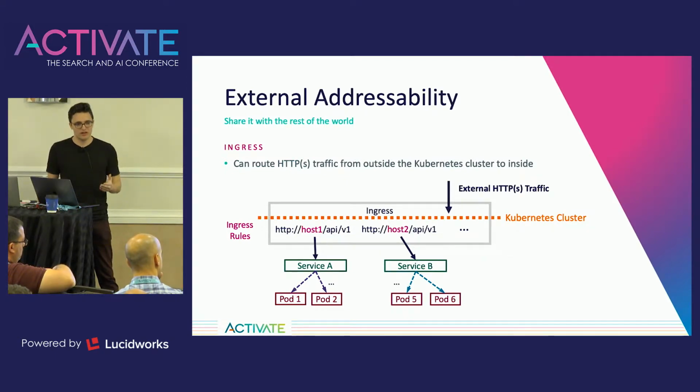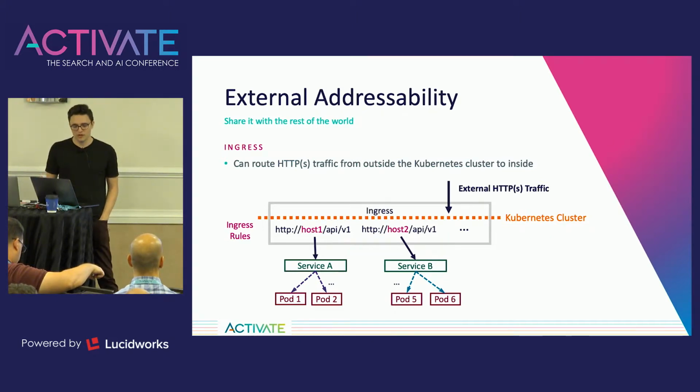And so within ingress, you can add basically HTTP rules. It doesn't work with raw TCP. It only works with HTTP. You give ingress rules such as an HTTP hostname or a path in your HTTP request. And those rules map to individual services within your Kubernetes cluster.